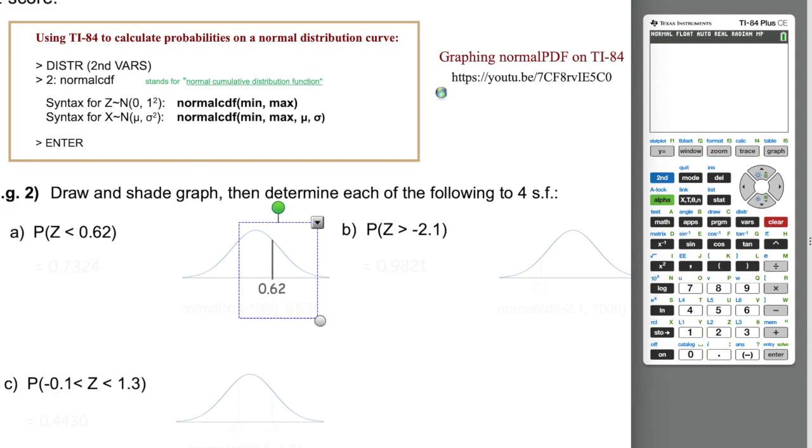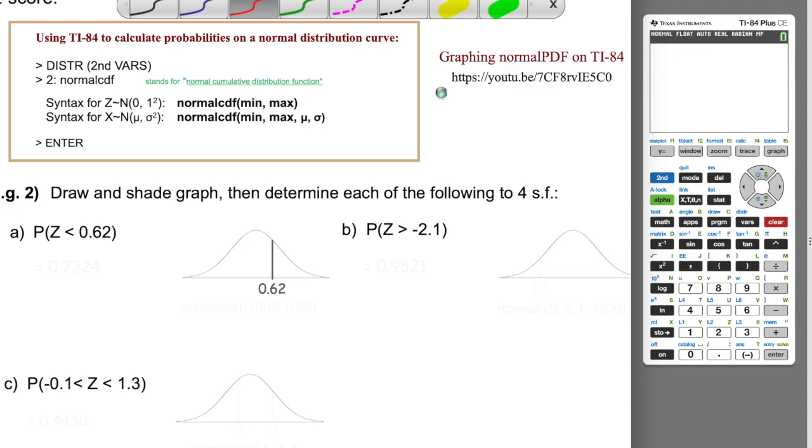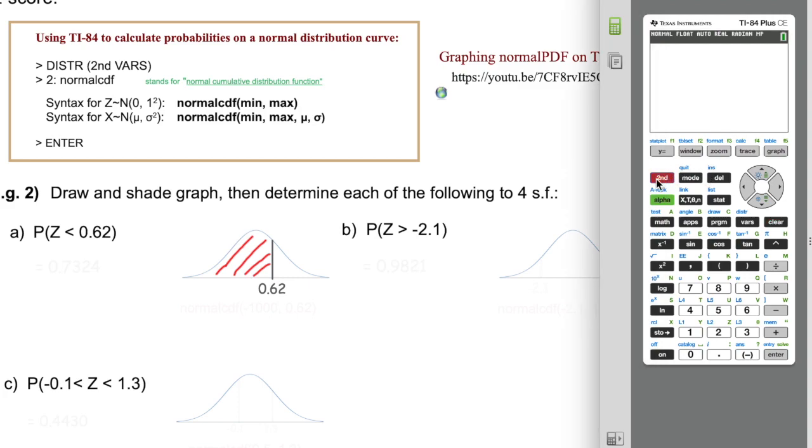And then Z less than means that we should be shading in the left side. Sorry, I'm using a mouse here. Okay, so the left side should be shaded in. All right, so we're looking for this probability. How do I execute that on the calculator? Second function, DISTR. We are looking for normalcdf, which stands for normal cumulative distribution function.